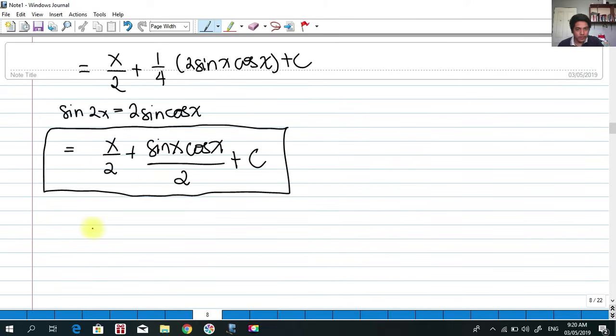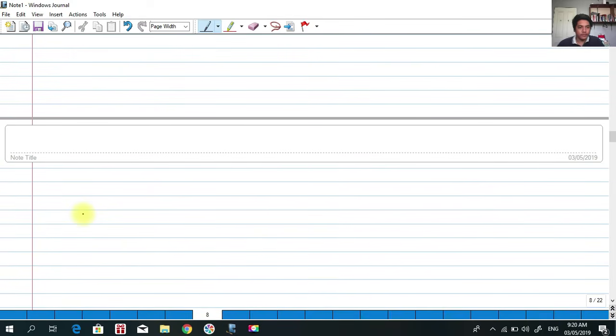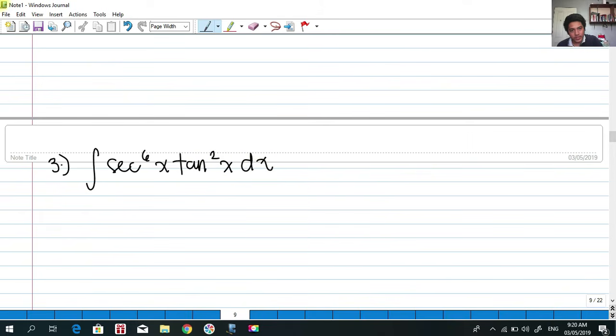So for number 3, we have to get the integral of secant 6 of x tangent squared x dx. So again, our goal is to strip off one of the trig functions here.